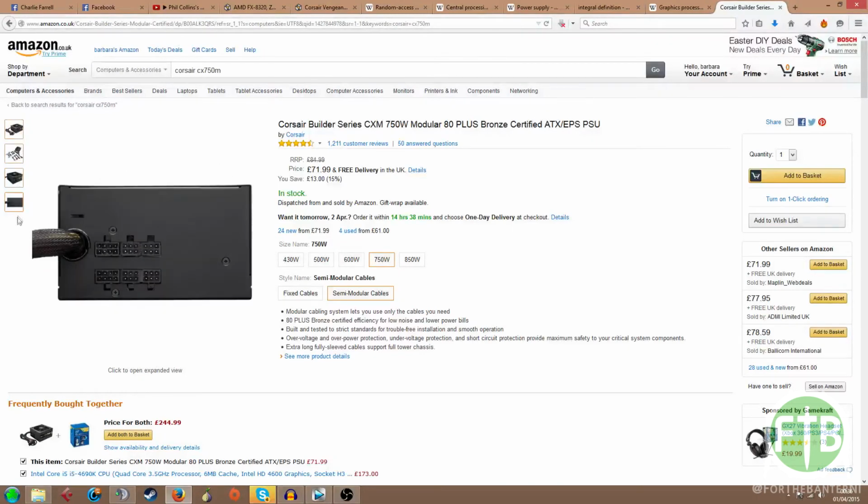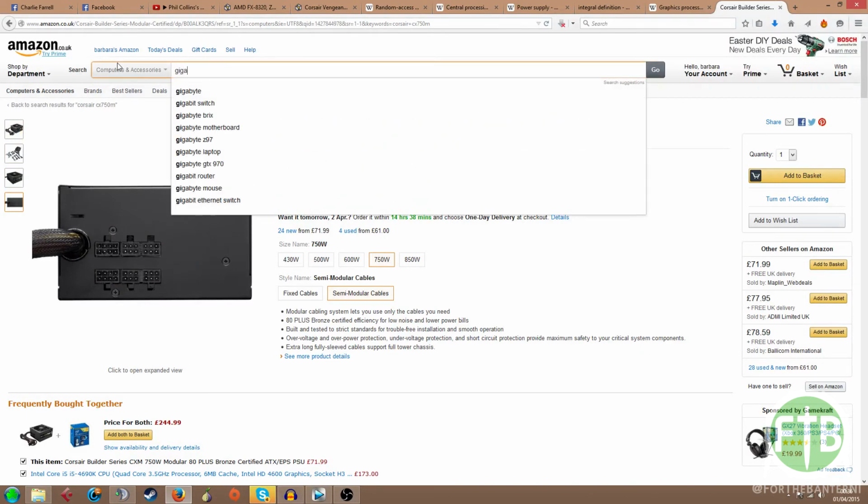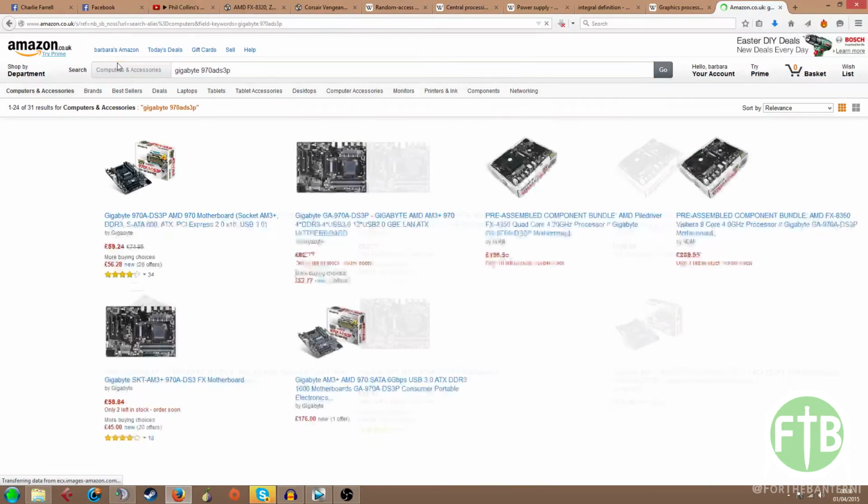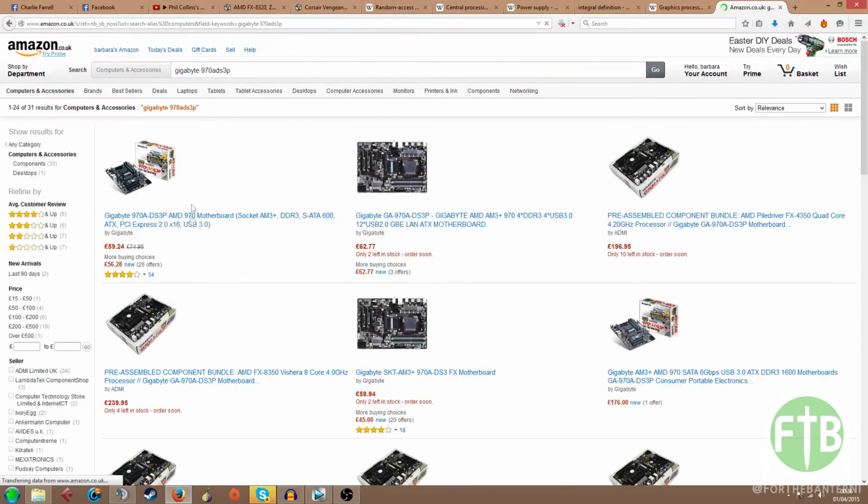So you need to make sure you have a bit of headroom. So for me, having a 750 watt power supply and having a supposed rating of 379 watts, I have more than 300 watts headroom, which is absolutely loads for if I ever wanted to overclock or do anything like that.